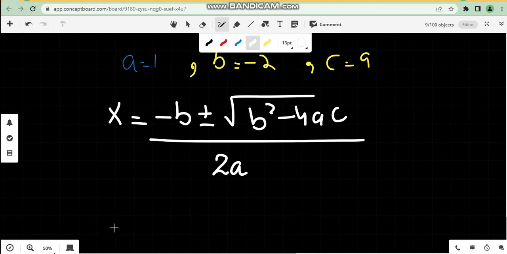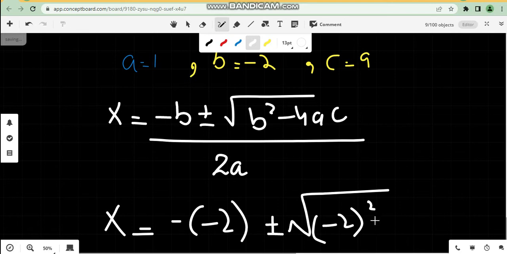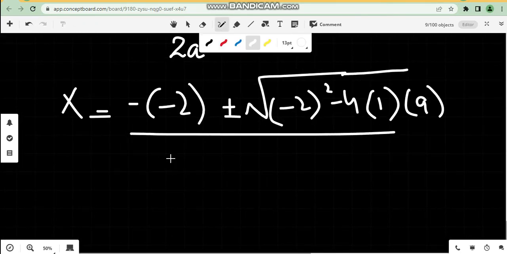Now we will substitute the values in it. So x equals minus, and b is minus 2, so negative of negative 2, plus minus square root of minus 2 square minus 4 times 1 times 9, divided by 2 times 1.